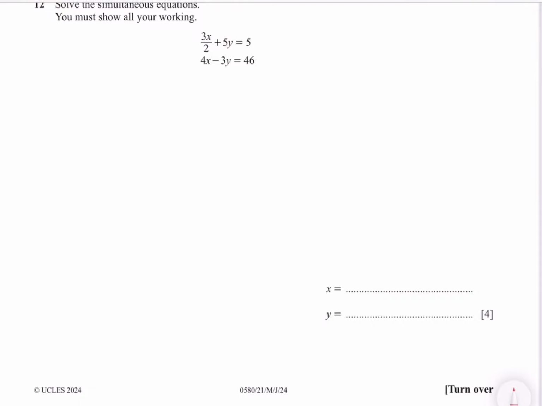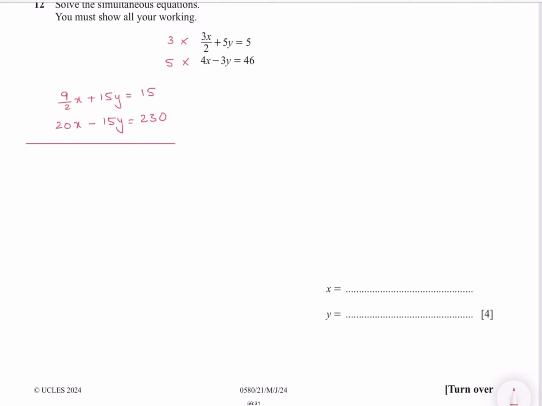Question number 12. Solve the simultaneous equations. Okay, this is not a very difficult question. You multiply the upper equation by 3 and the lower equation by 5. So your y's would be the same. Now solve it.